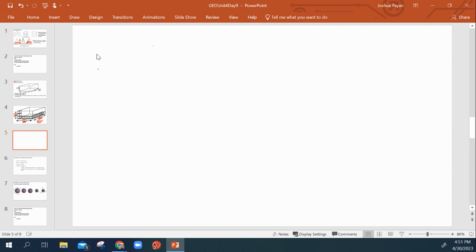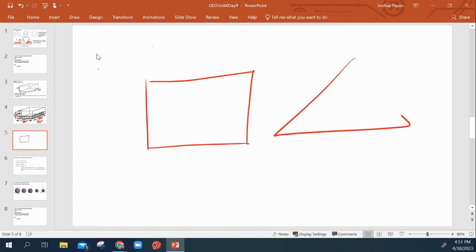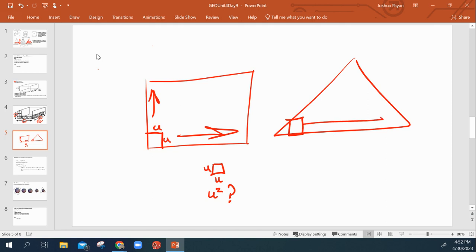So now we talk about 2D, right? Whether that's a rectangle or even a triangle, it's how many square units does it take to build either of these guys, right? So how many square units, U by U, does it take to build this rectangular prism and ultimately also this triangle, right?